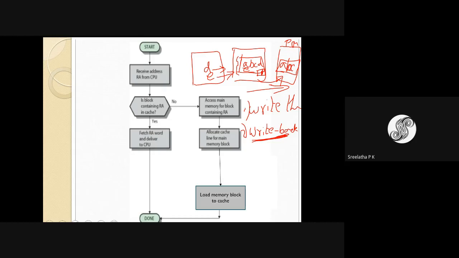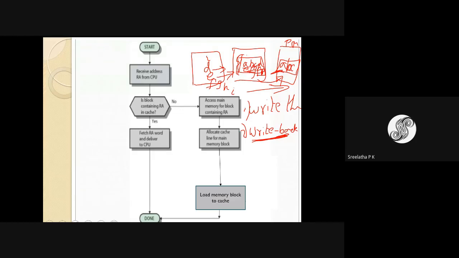After all modification, I add F, I add G. After all modification, I save the content. And after some time, I again make some changes. I add H, I, and so on. So it keeps updating. Still the primary memory is not updated, but the modify bit is set to 1.